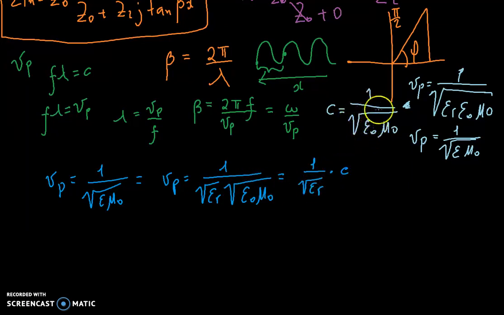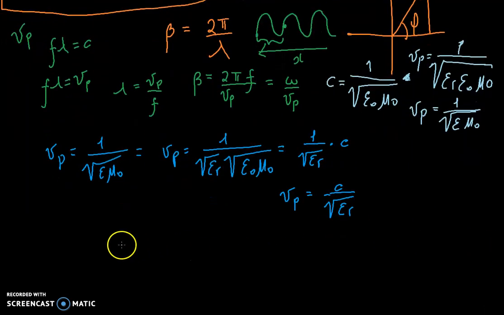Remember, the speed of light is just this. So we can write the propagation velocity is equal to simply the speed of light divided by the square root of the relative dielectric constant of your material. So with this information, we can find the constant beta here.